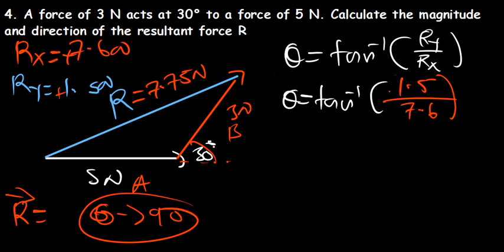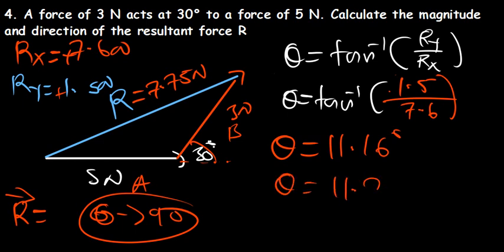I'm getting my angle theta to be equal to 11.16 degrees. This can be rounded off to 11.2 degrees. So the resultant R is 7.75 Newton at an angle of 11.2 degrees from the x-axis, or from the horizontal level, or above the positive x-axis.